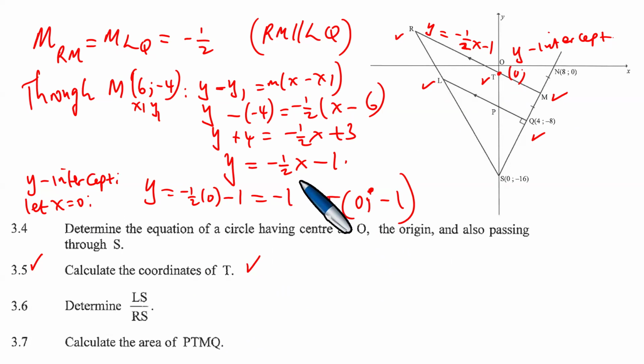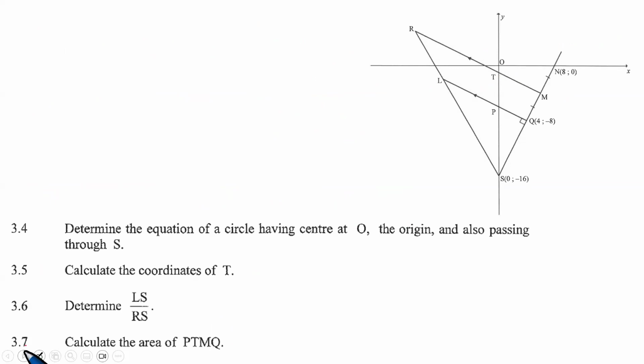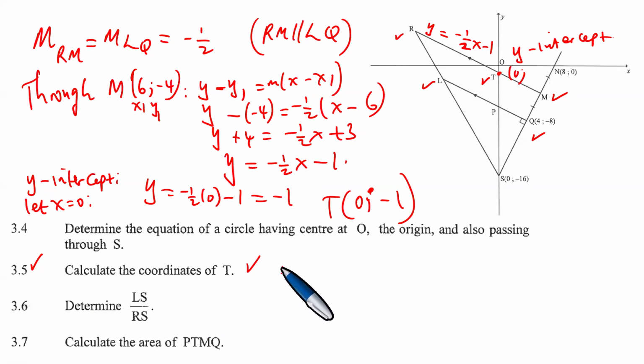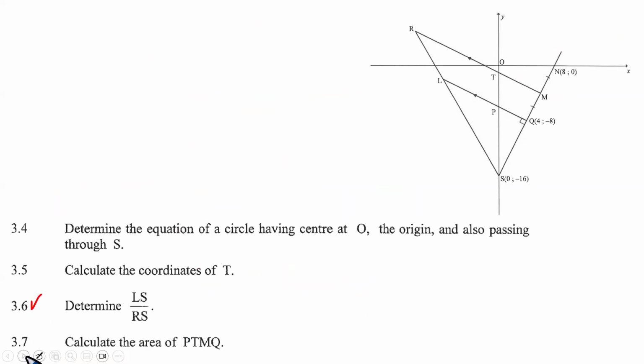Right, so we continue to look at other things. We found that the coordinates of t are 0 and minus 1.